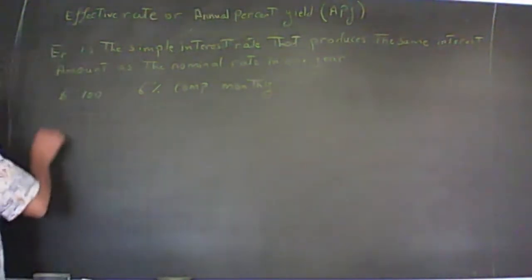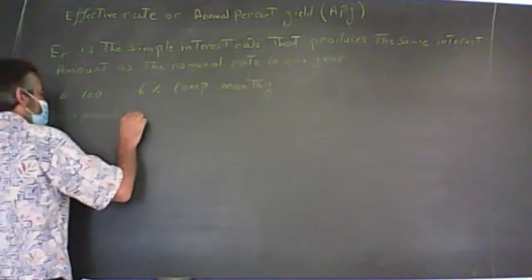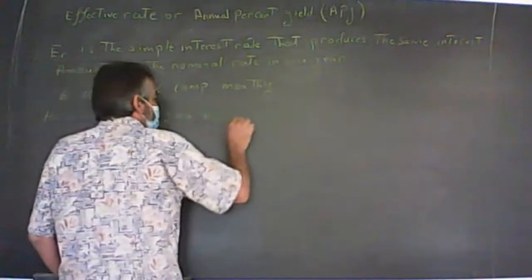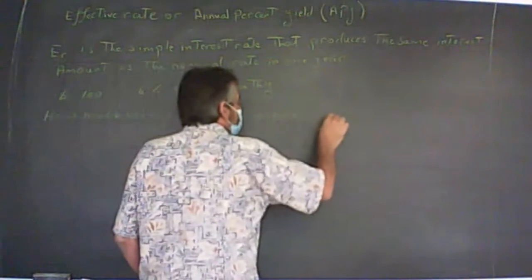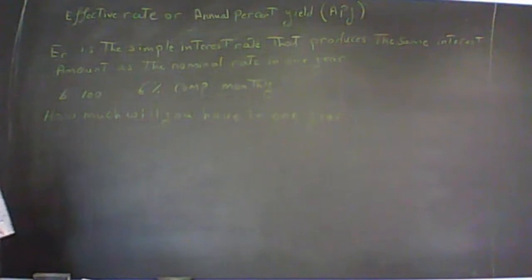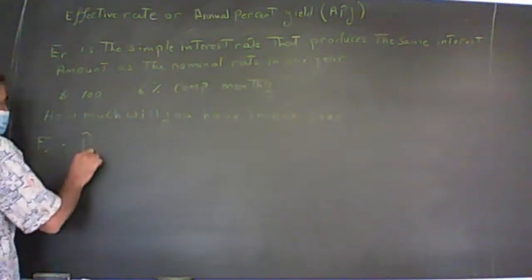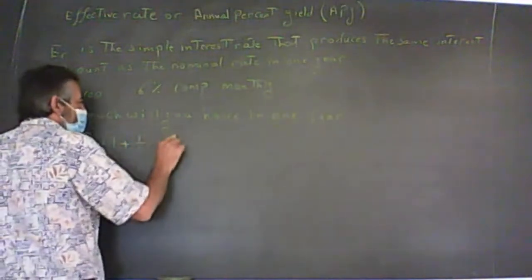The question is, how much will you have in 1 year? We're just going to do the calculation based on 1 year. So let's see. The future value is equal to the present value times 1 plus r over n to the power nt.